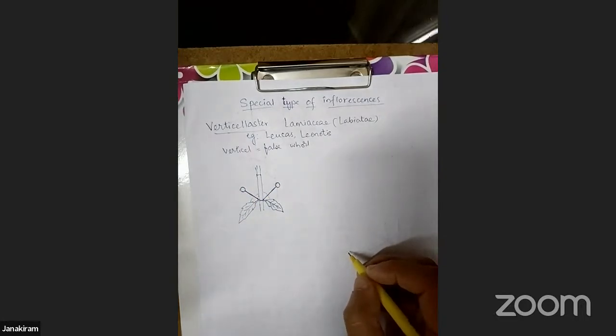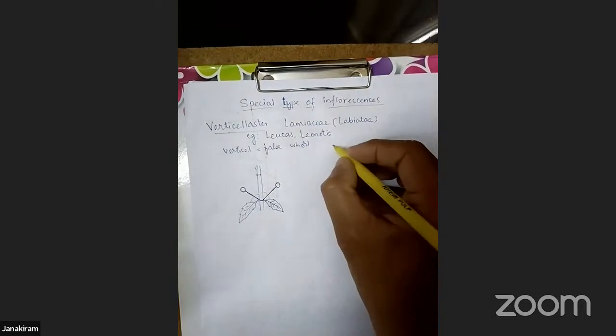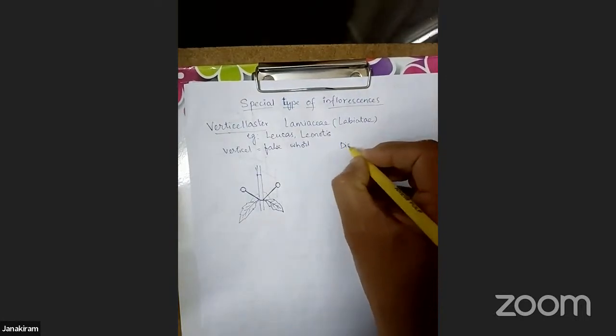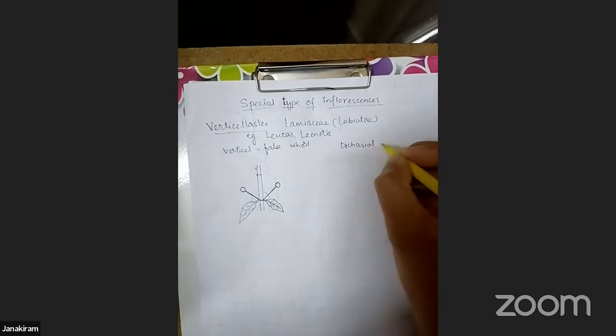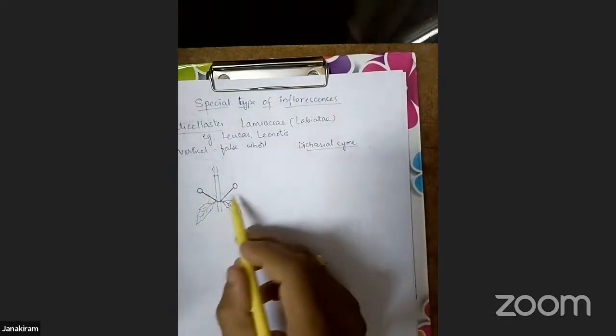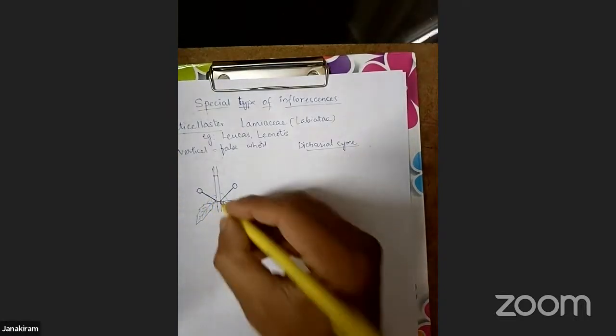So when 2 branches are arising at a time, we call this type of character a dichasial cyme character. So already we have discussed this dichasial cyme in the cymose type of inflorescence, where from the base of the flower 2 branches will arise at a time. Here also the 2 are forming. That's why we call this dichasial.